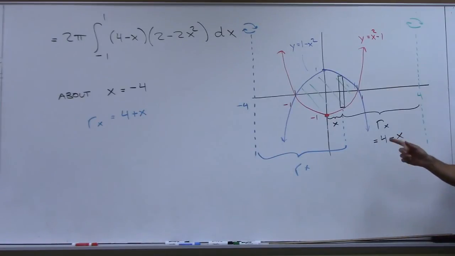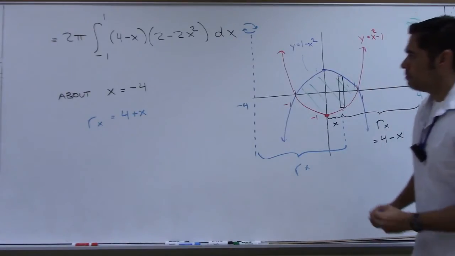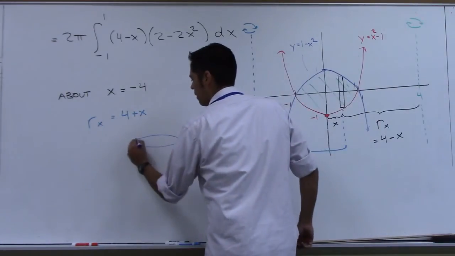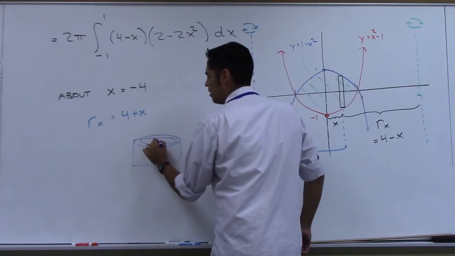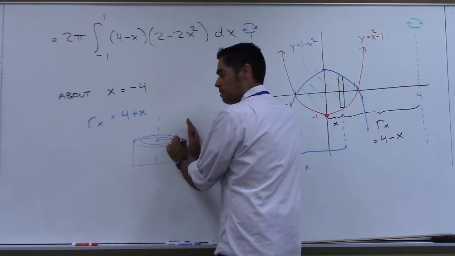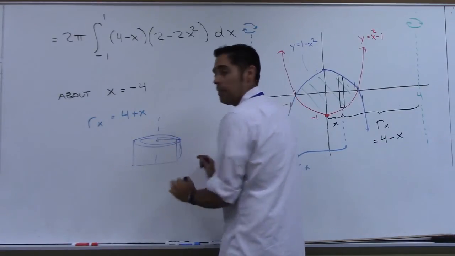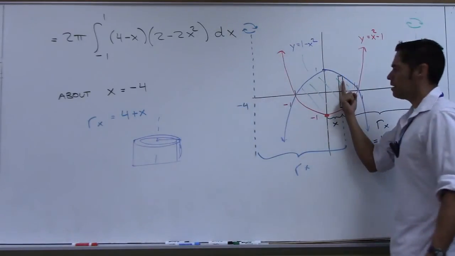Sir, can you go over the R of x when you change it again? Okay, that thing that we wrapped around, right, this right here, we need to know the distance from the axis of rotation to this edge, because that cylinder comes from wrapping it around that dotted line, doesn't it? Our cylinder is created by this rectangle.